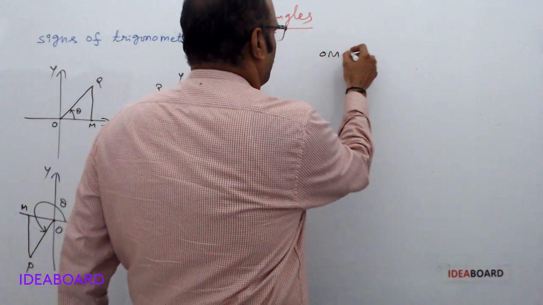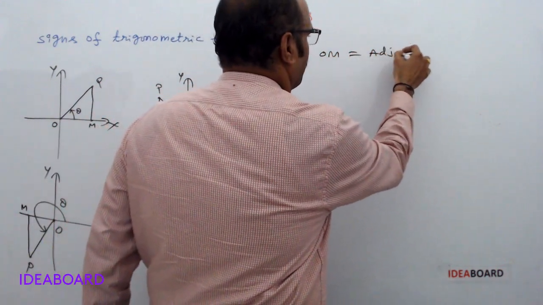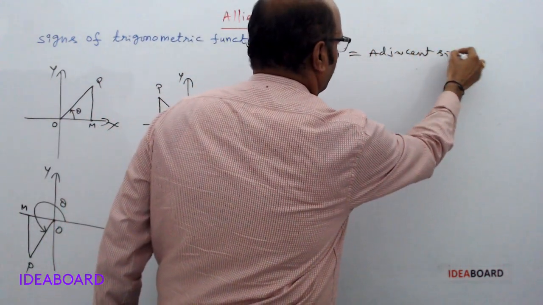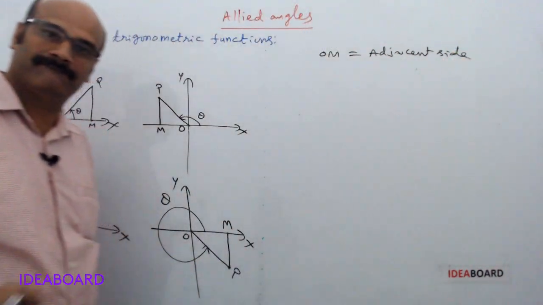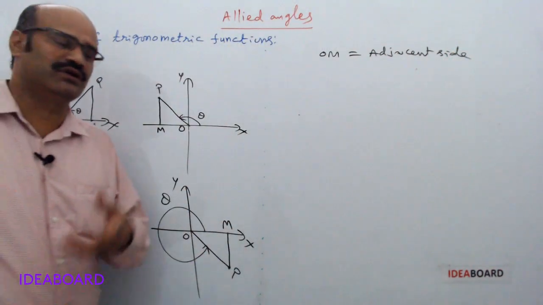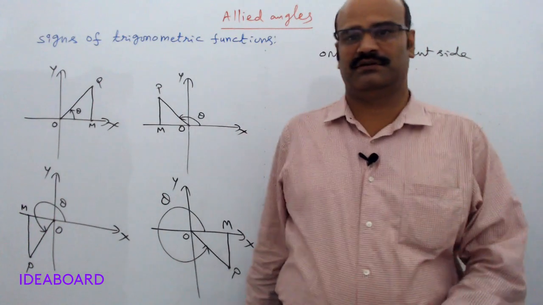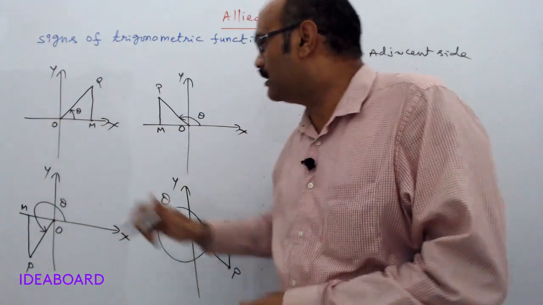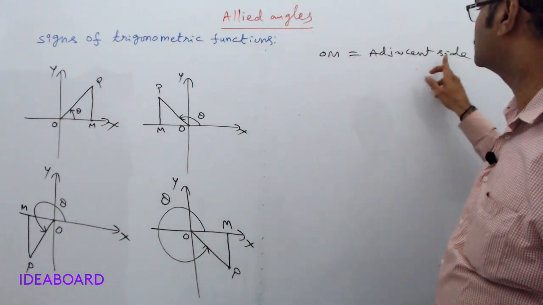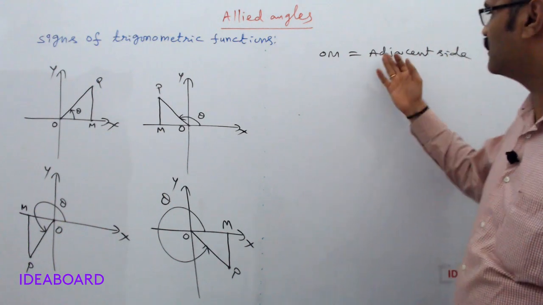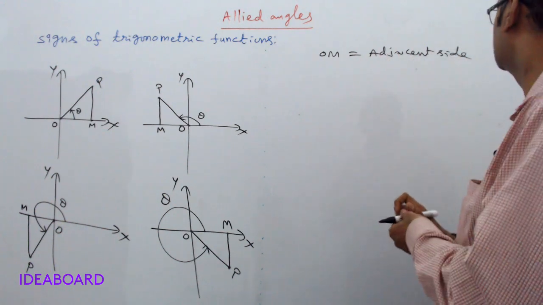OM is called the adjacent side, whether theta is acute or obtuse, whatever it may be. Here, OM is called the adjacent side, or we call it the base.